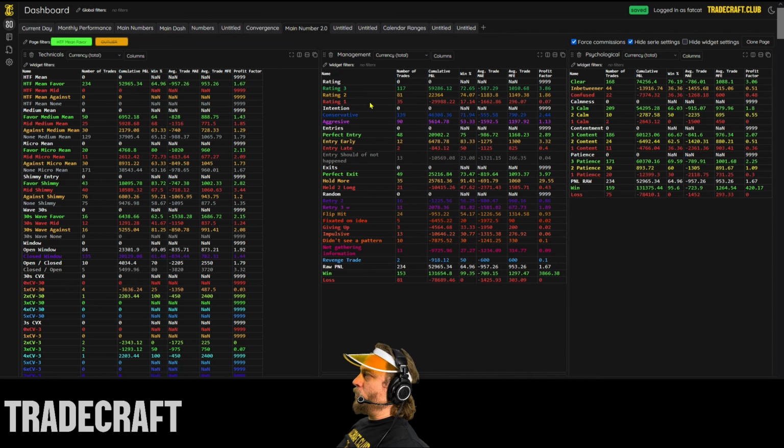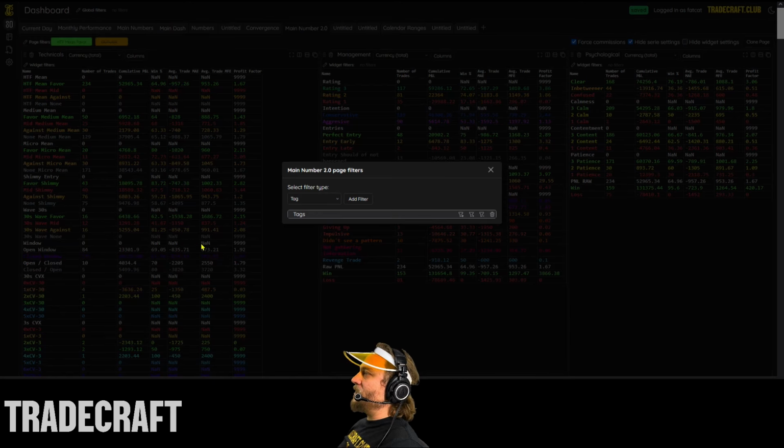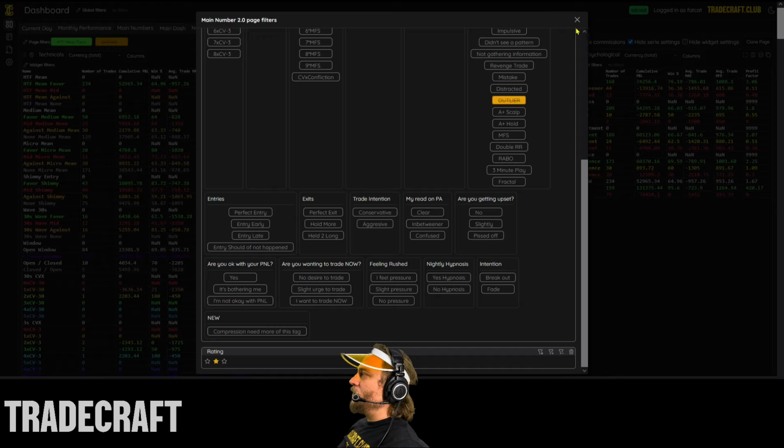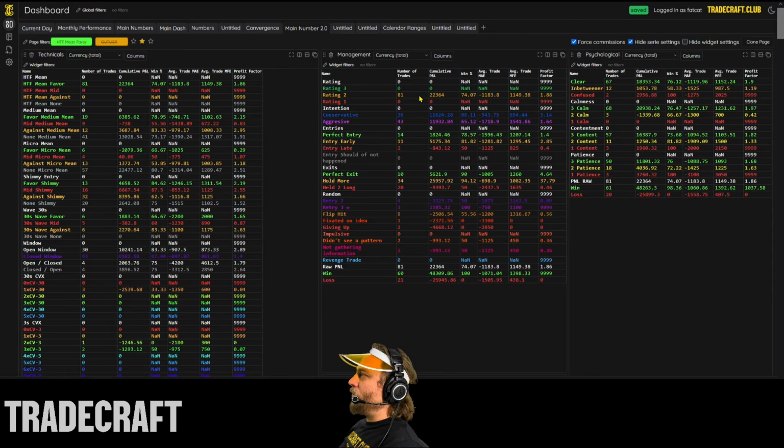Well, one thing I can do to isolate management issues even further is I'll go to rating and put the filter on. Just show me yellow stars. So you'll see this go down to 81. And then I can see 36 of those were conservative. The rest were aggressive. The entry problems were 11 early, 34 I needed to hold more, 20 I held too long.